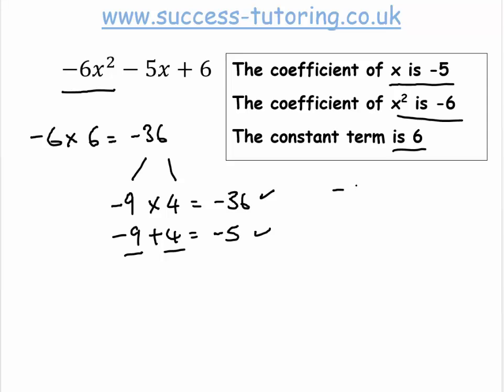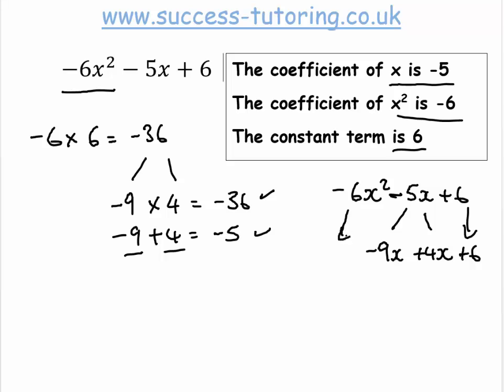So if I rewrite the expression just underneath here, minus 6x squared, and then I replace the minus 5x with my new values that I've got here. I've got minus 9x and we've got positive 4x, bringing down the 6 and bringing down the minus 6x squared.